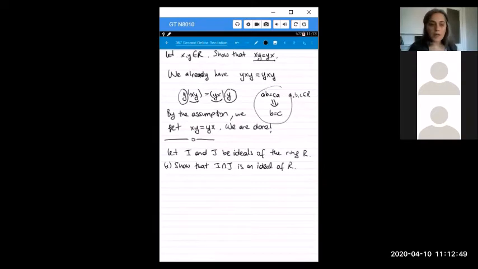What you know about the ideals is that first we need a subset, then this subset must be closed under addition, additive inverses, and multiplication to be a subring. And for the ideal, we need to have some kind of different multiplication from the ring.